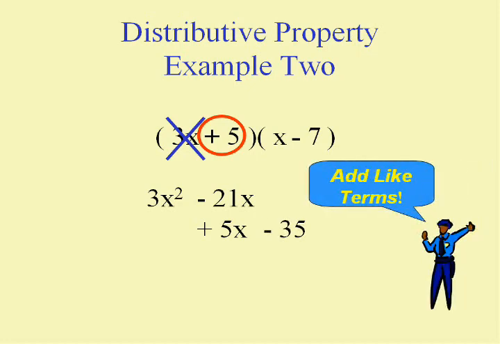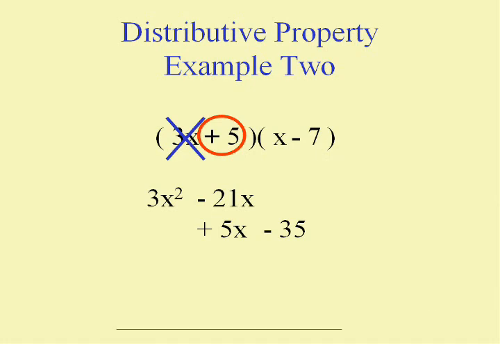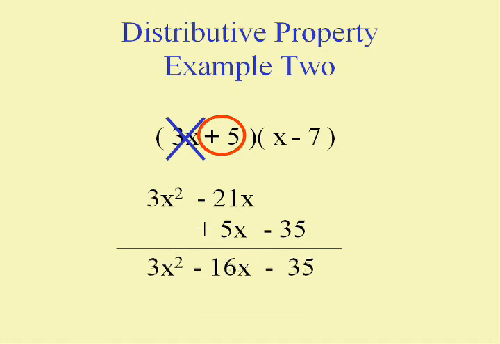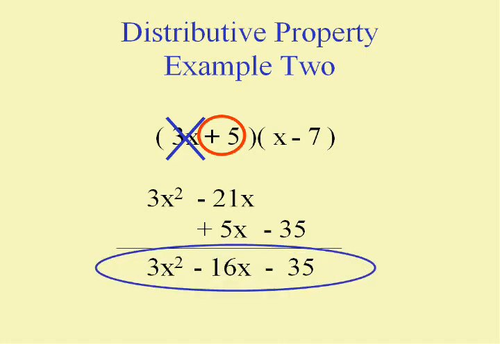We can't finish until we've added all like terms. Adding these, I get 3x squared minus 16x, because negative 21x and positive 5x make minus 16x. And if you don't have anything to add with somebody, like the negative 35, just write the negative 35. And there's your answer.